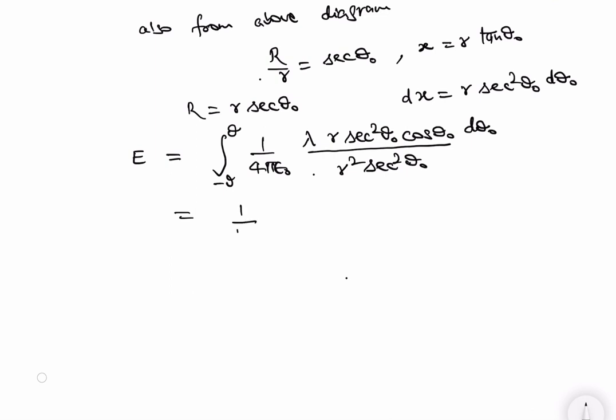1 by 4 pi epsilon naught integral from minus theta to theta of lambda by r cos theta naught d theta naught.